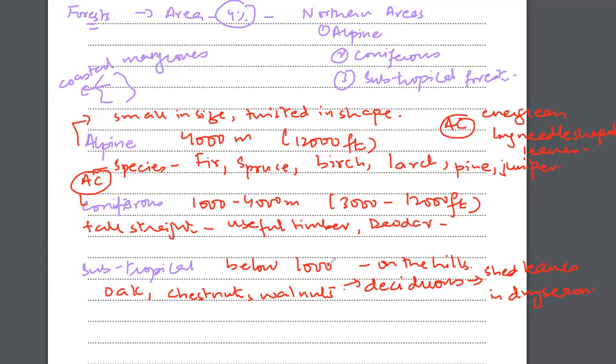Hardwood trees provide good timber, broad leaves, and have an umbrella shape with a large canopy. This is because of the warmer climate. So, like, we are coming downwards in terms of altitude.